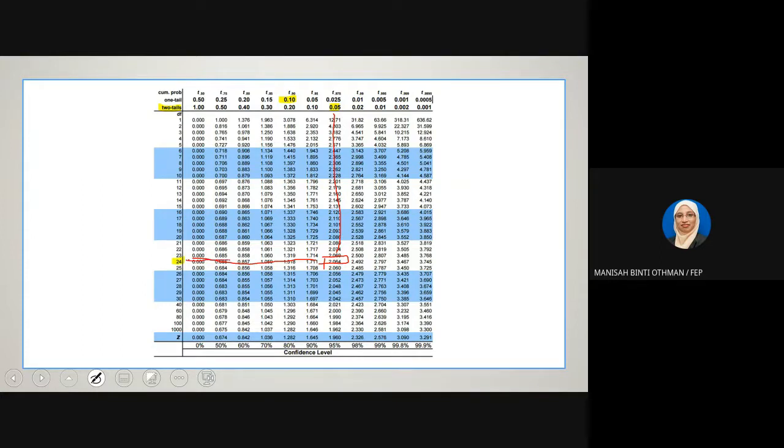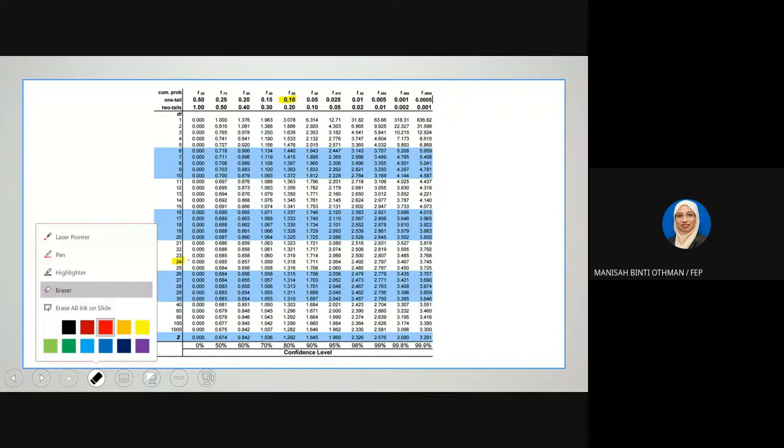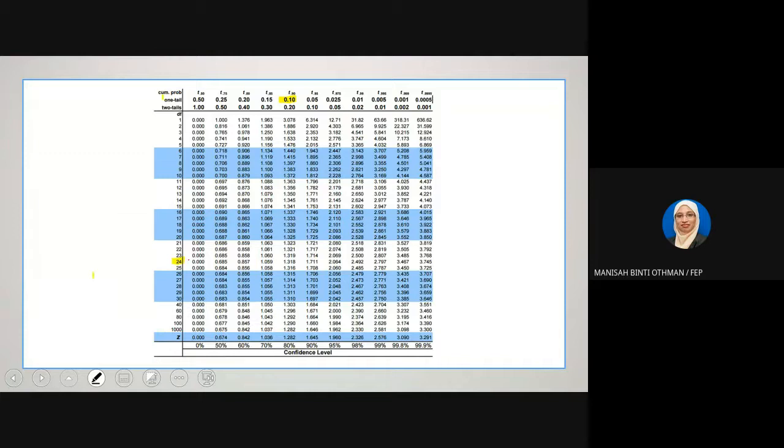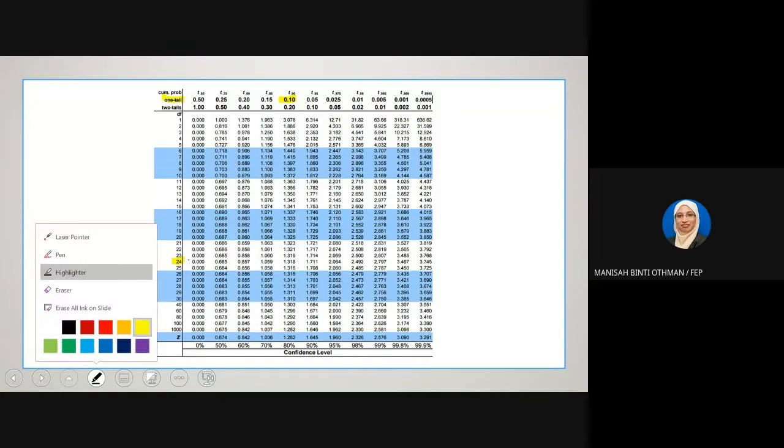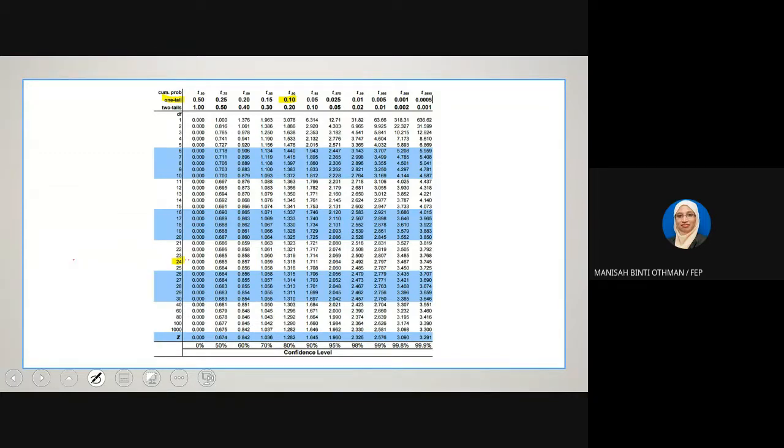Let me erase first. Now we refer to one tail, 24 and 0.1. So the value is 1.318.